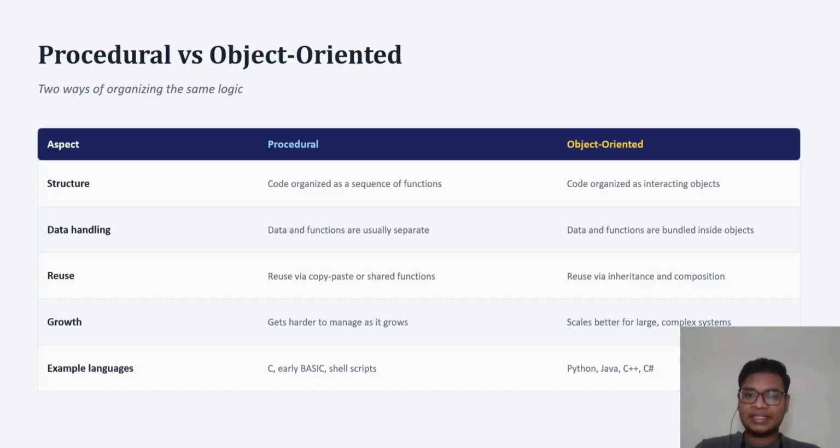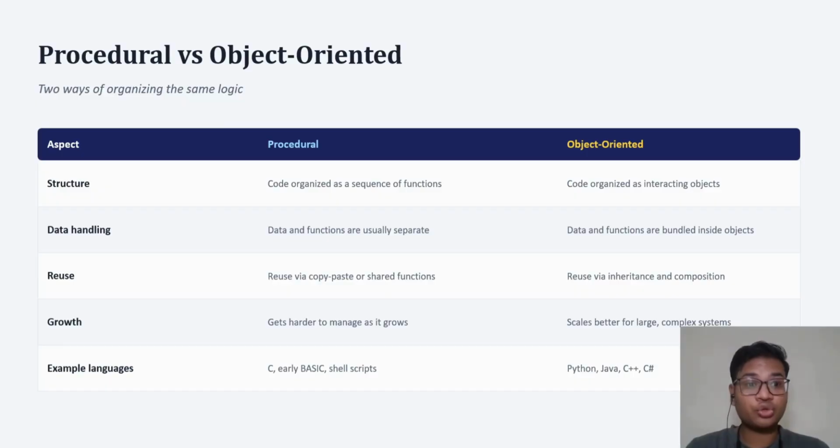Second one is data handling. In procedural, data and functions are usually separate, but in object oriented, data and functions are bundled inside objects. When we talk about reuse, in procedural it is reuse via copy and paste or shared functions, but in object oriented, reuse is via inheritance and composition.